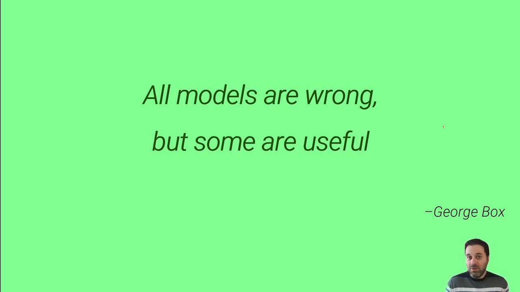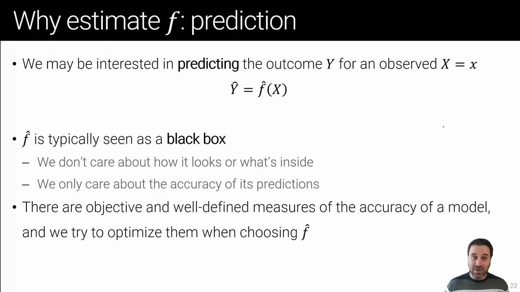And they're going to be useful for normally one of two things, either to make predictions or to understand the object of study. So if we're interested in predictions, we want to estimate the function or the model to make predictions, then it's something like this. We are going to try and find the f hat that, given some new data, some new x's, is going to allow us to estimate the dependent variable, the outcome. And so this model is typically seen as a black box.